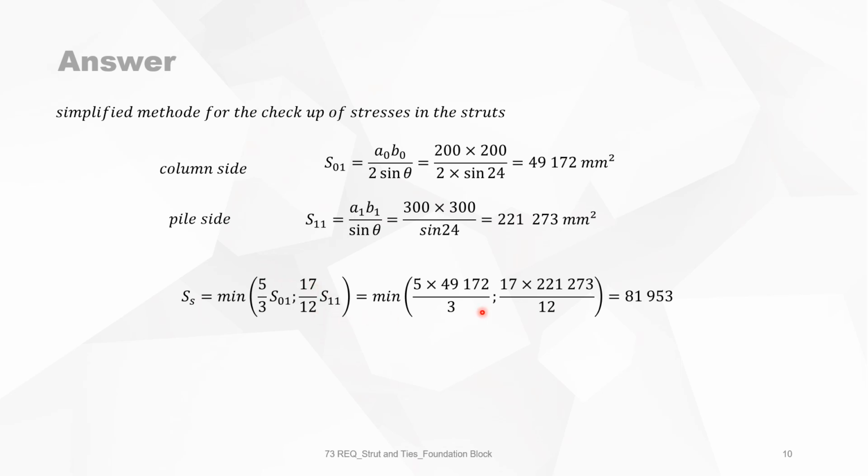We take the minimum, of course, because it gives you the highest stress, and the minimum is 82,000. The stress in the strut is then the compressive force divided by the cross section, which gives you 8.25 megapascal. It's smaller than 10.56, so the compression strut is also okay.